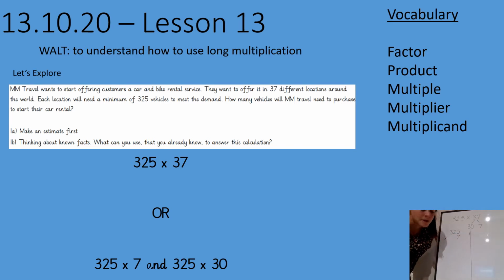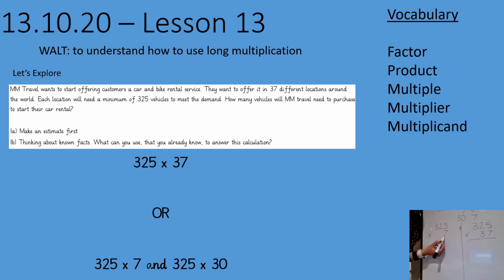Over here I would have the full method as 325 multiplied by 37. Either way, whichever method you are using, you're always going to start in the ones column. Let me move that forward a little bit so we lose the glare. So whichever method you're using, we're always going to start with the ones column.